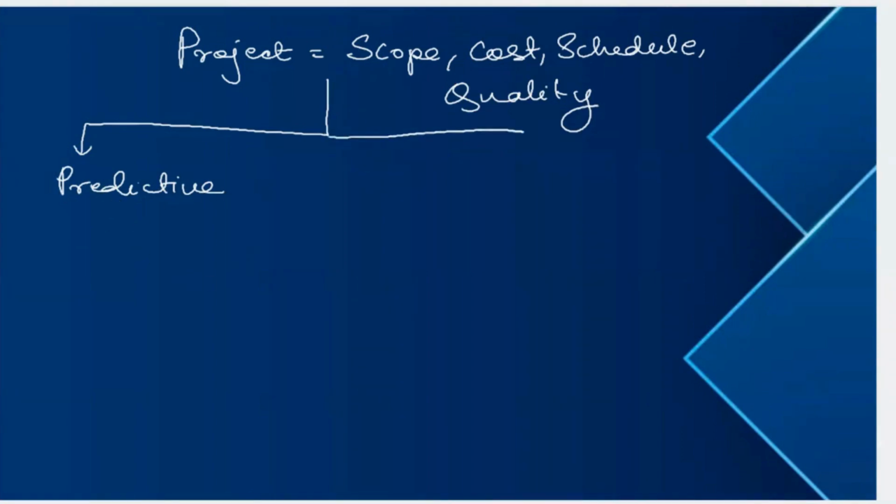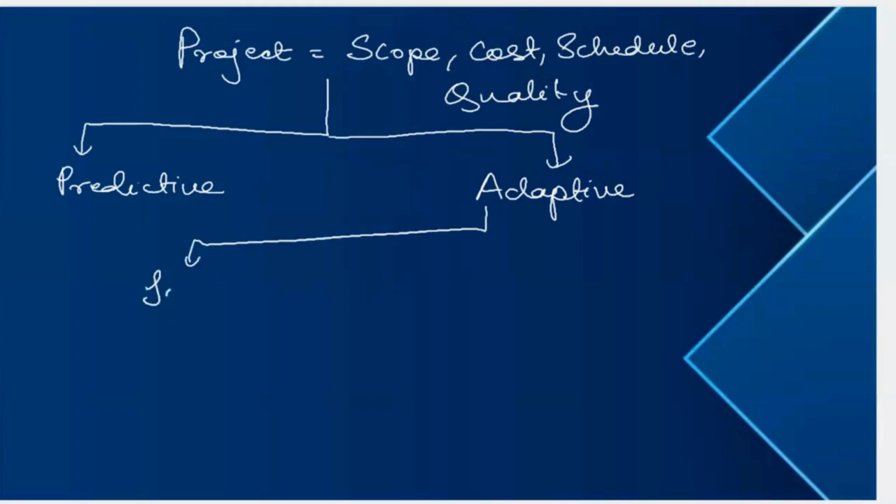But if there are any changes or uncertainty, we prefer to do our project in the adaptive approach. In the adaptive approach also, if you want to deliver your product with speed, if your customer cannot wait for you to complete the project and then see the product, in that case you can use incremental.